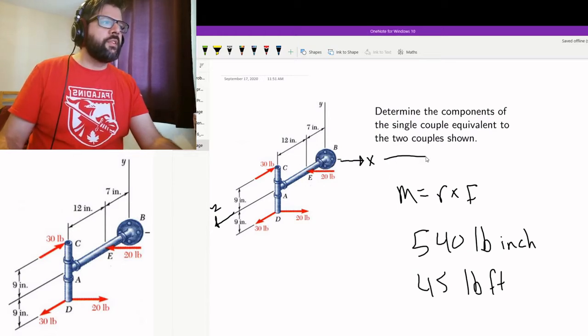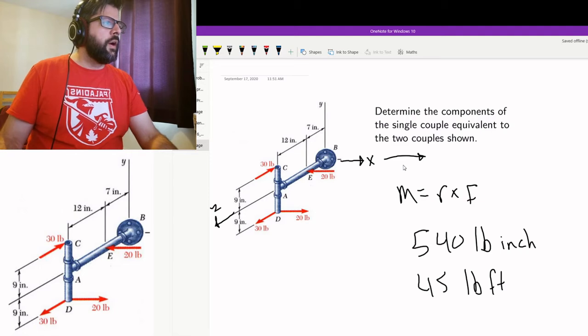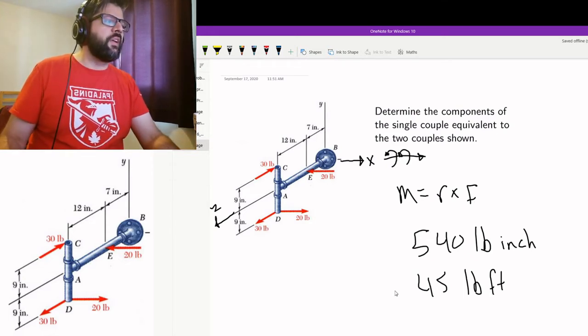But we've got the positive x in here, and based upon our right-hand rule, a positive moment would be curling around up over the top, towards us, coming out of the page on the top, which is exactly the opposite of what we're seeing here.